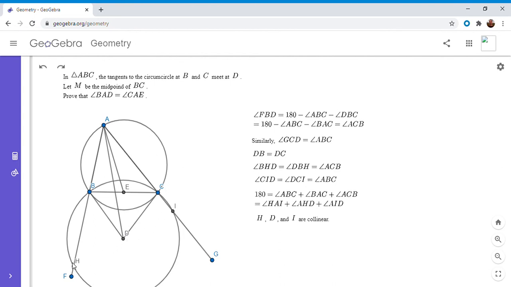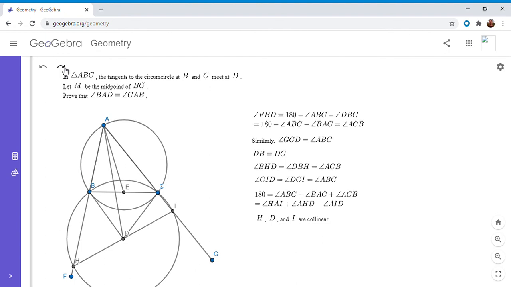And if you don't see immediately why that would have to be the case, every quadrilateral has 360 degrees in it. So if angle HAI, AHD, and AID add up to 180, then the last angle of that quadrilateral, HDI, has to be 180 also, because they have to add up to 360.